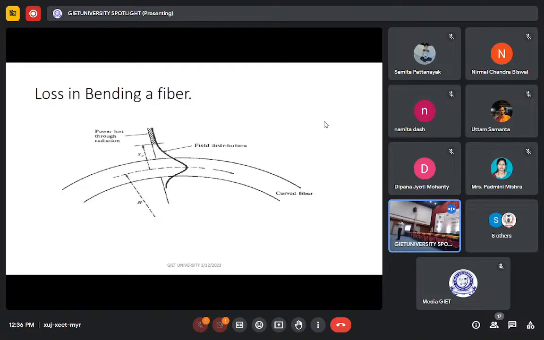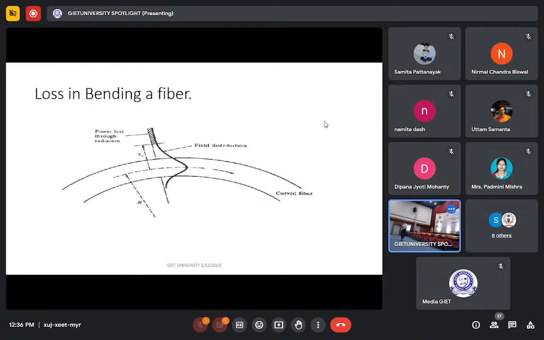When more light comes out, the extent of interaction with the measurement also increases. So my goal, if I am designing an absorption sensor, is that more field should come out from this core so that it will interact with the measurement.